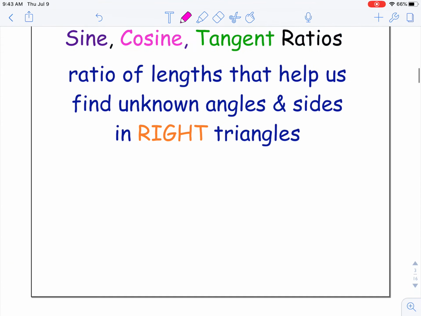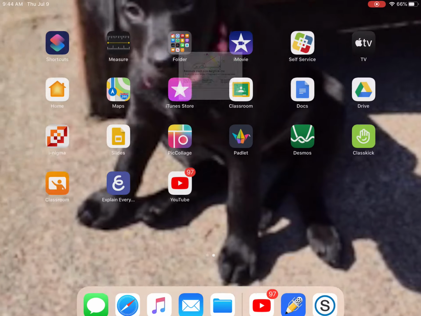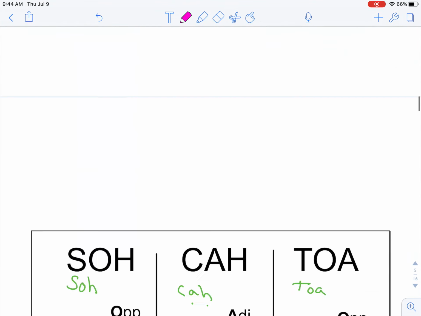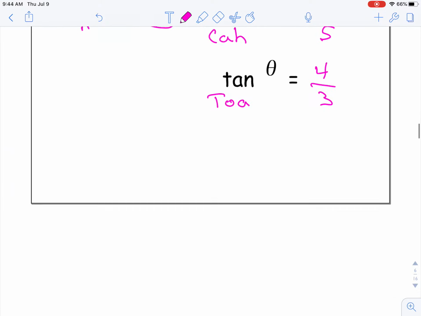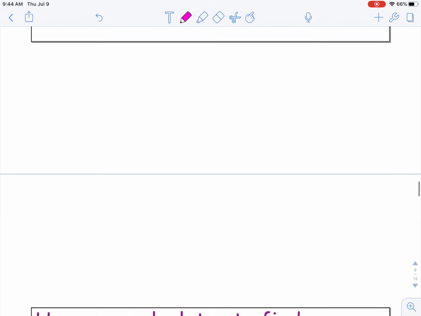If I scroll back to the first example, we were doing the sine of that 40-degree angle, and we took the side opposite over the hypotenuse, and we got this ratio. So now let's see what our calculator says. I told you it was about 0.6.